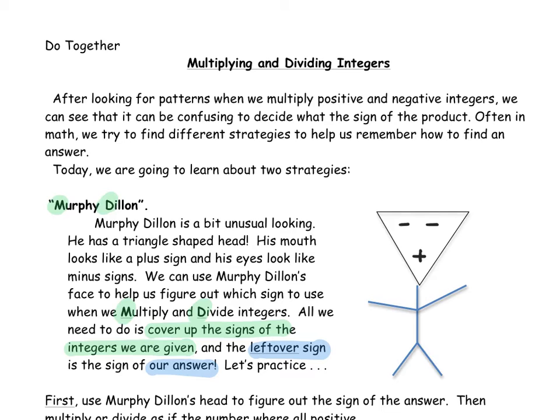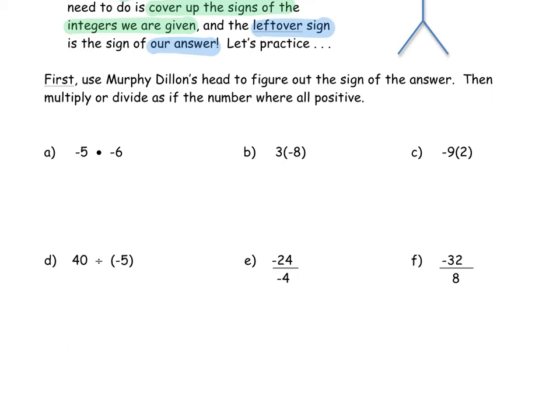So let's try this. First, use Murphy-Dillon's head to figure out the sign of the answer. Then multiply or divide as if the numbers were all positive. So we're going to start by drawing Murphy-Dillon's head right next to the problem. He has two minus signs or negative signs for eyes and a plus sign or positive sign for his mouth.